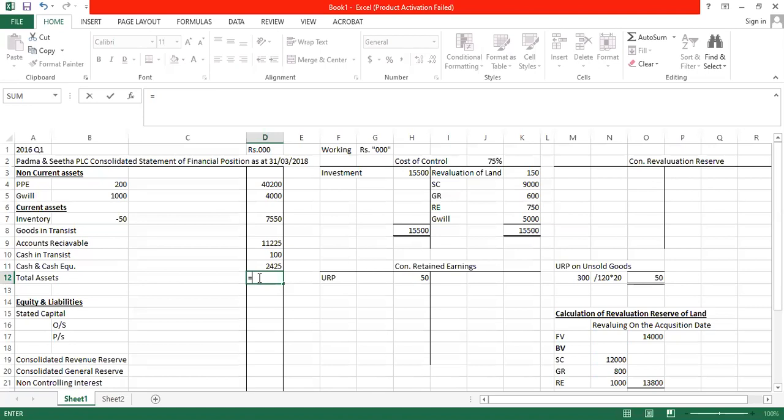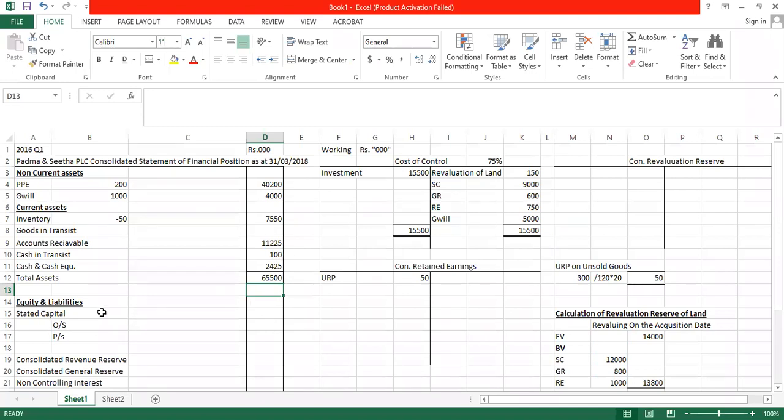We can add the total and get the sum of total assets. It's this, 65,500. We take all of it.